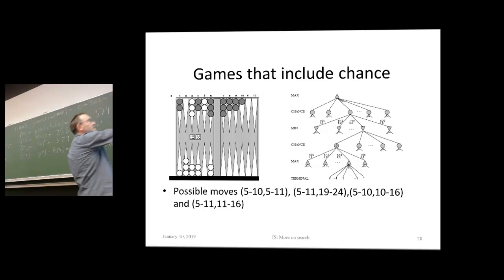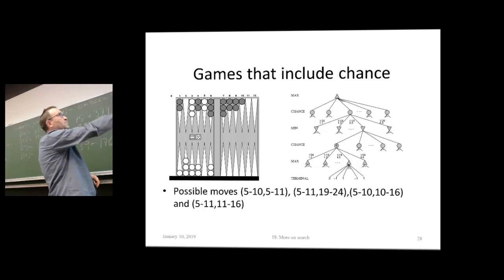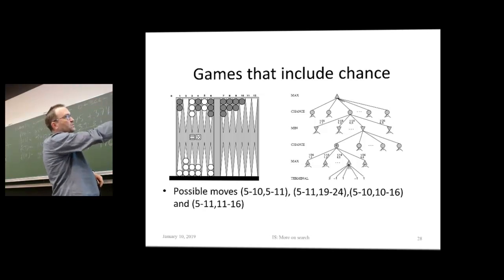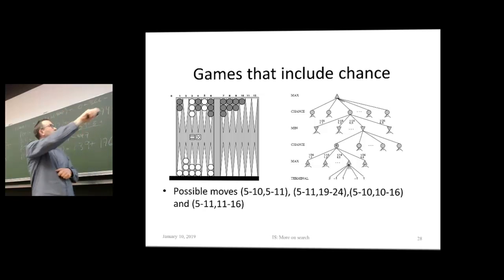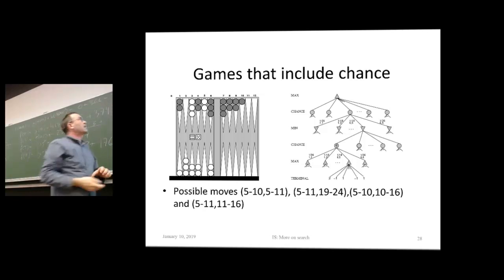But the idea is that you have a white player and a black player, and you have to move your stones from your own home to the opposite home. You do that by moving first in this direction, and then up, and then in this direction as a white player, and as a black player, you do it the other way around.